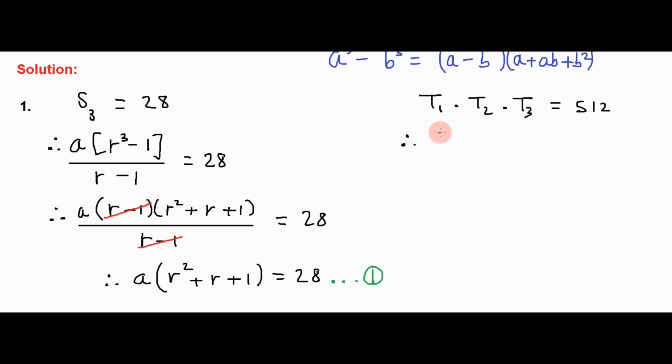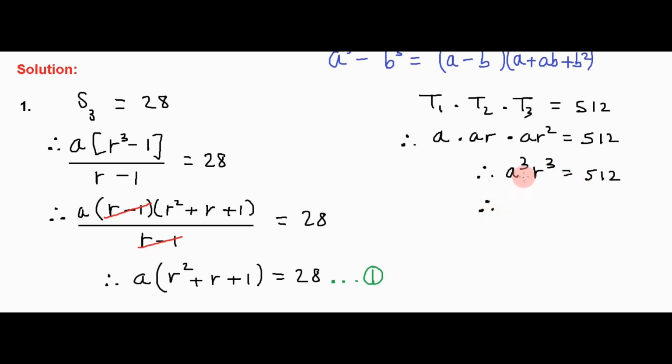T1 is the first term, that's A. The second term is AR. And the third term is AR squared, and this is 512. A times A is A cubed, and R times R squared is R cubed.